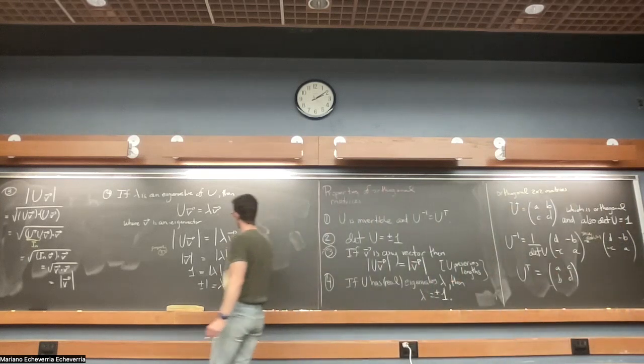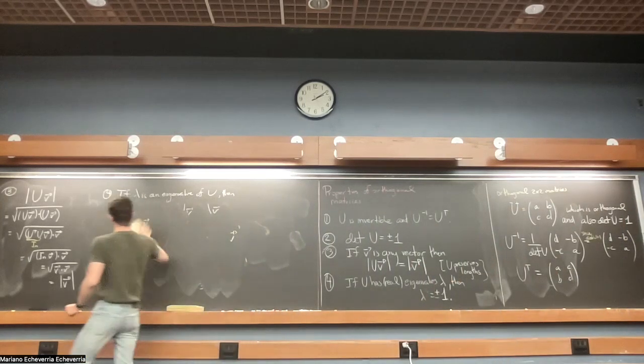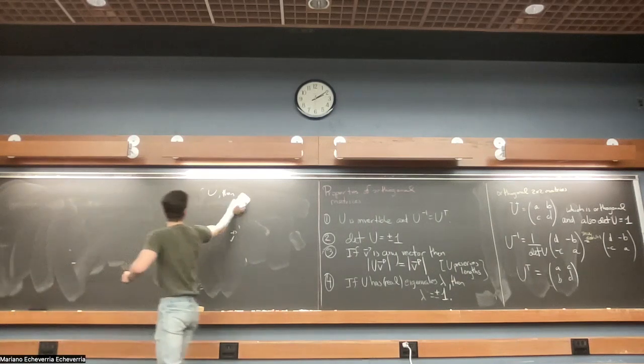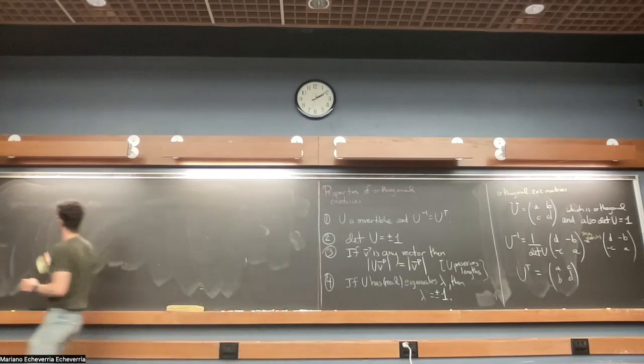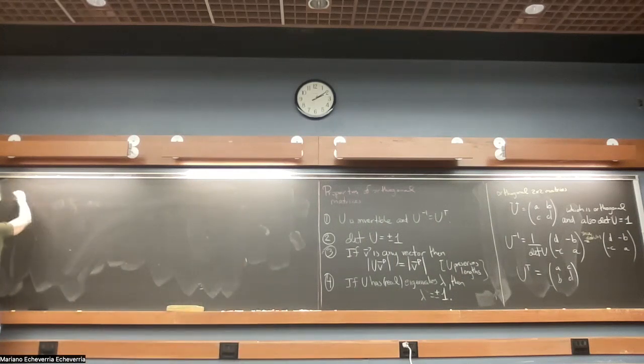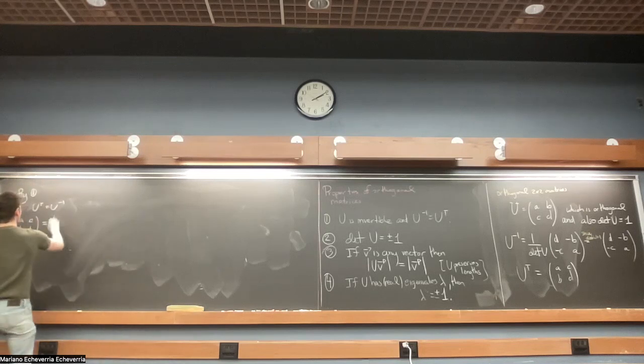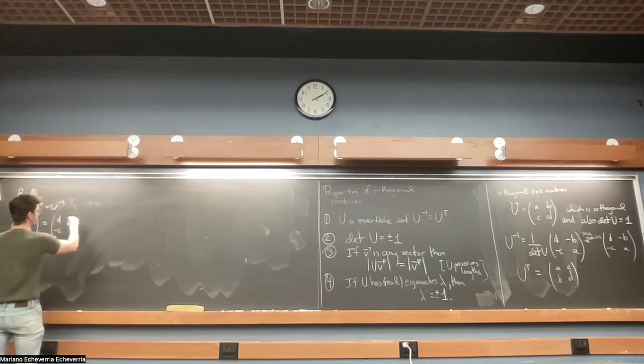So by 1, U transpose is U inverse, and so that tells you that A, B, C, D is D, minus C, minus B, A, right?